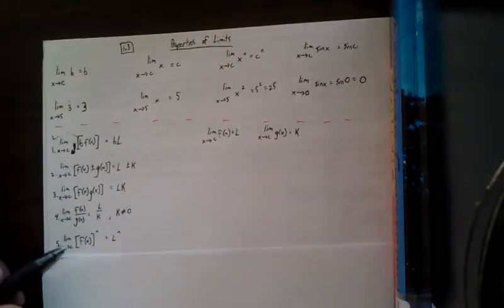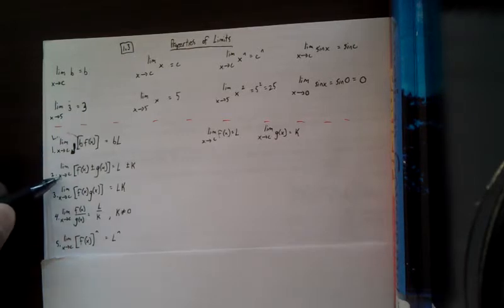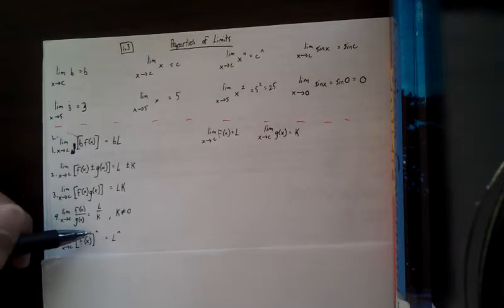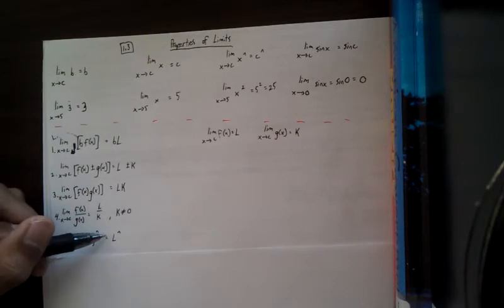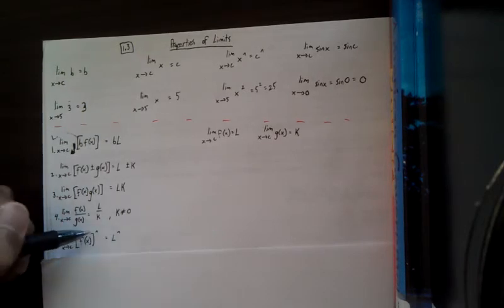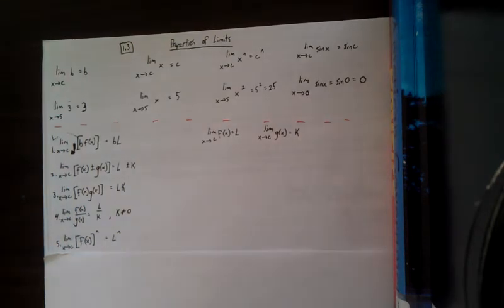And the last one is the power rule. This one is sum or difference. This one's product, quotient, and power rule. So limit as x approaches c of some function to the nth power is just going to equal the limit of that function to the nth power.